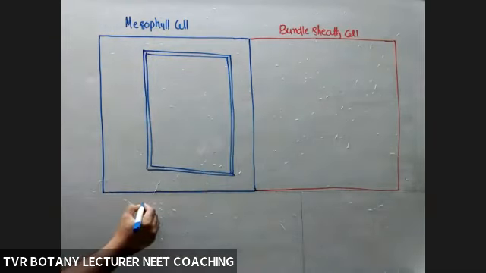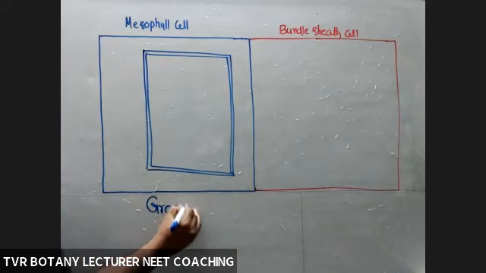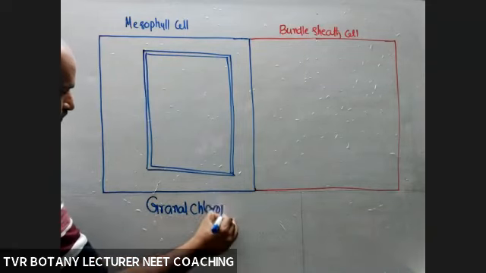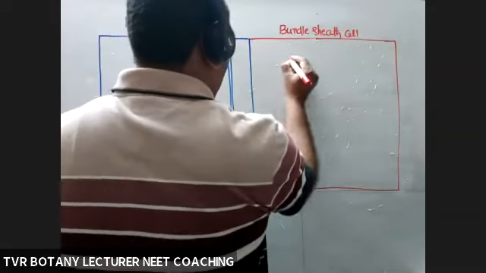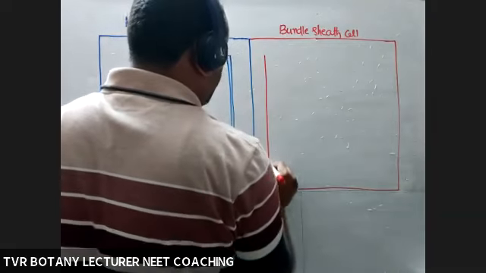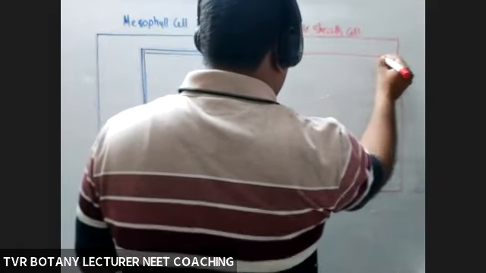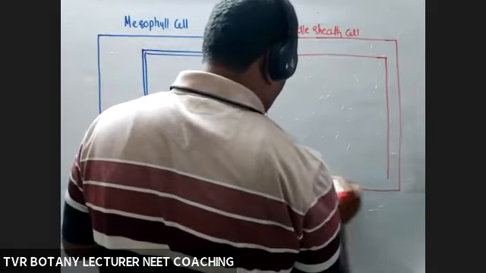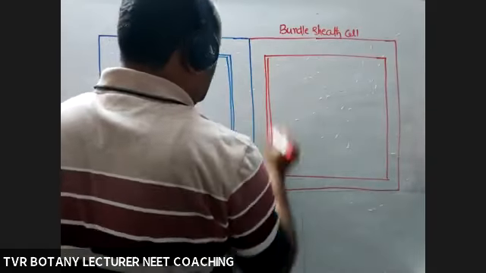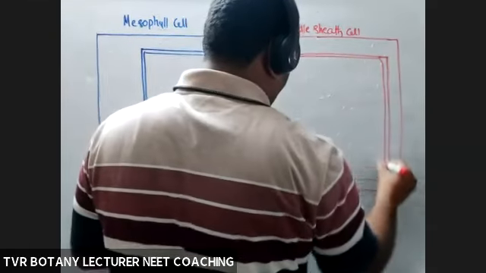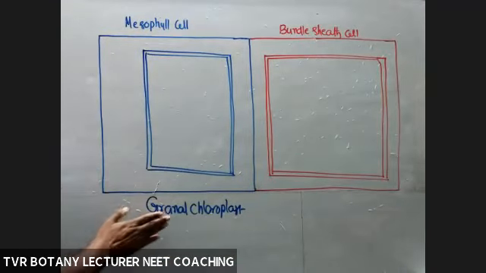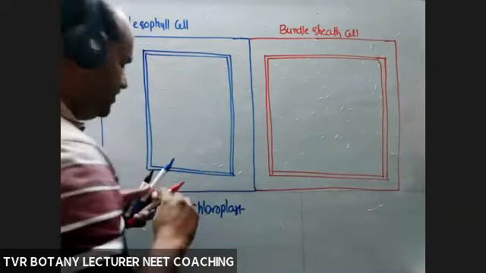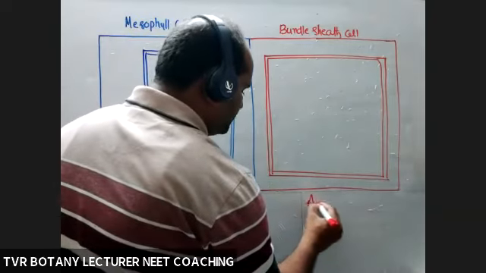So mesophyll cells, here I'm writing, mesophyll cells with granal chloroplast. And what about bundle sheath cells? They are with agranal chloroplast. The dummy diagram, remember the concept. Both are with two membranes. This is a normal chloroplast with both grana and stroma thylakoids. And what about this one? Agranal chloroplast.